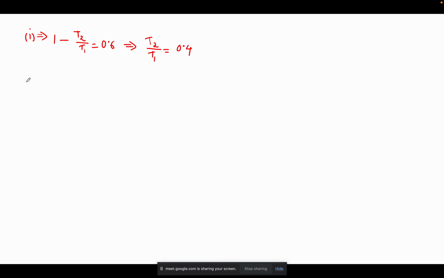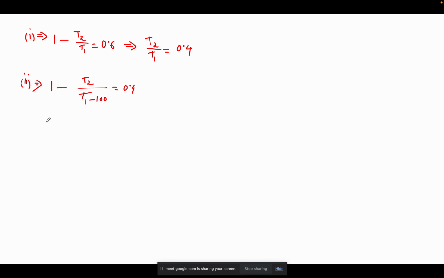Okay, equation 2 tells us 1 minus T2 divided by (T1 minus 100) is equal to 0.4.